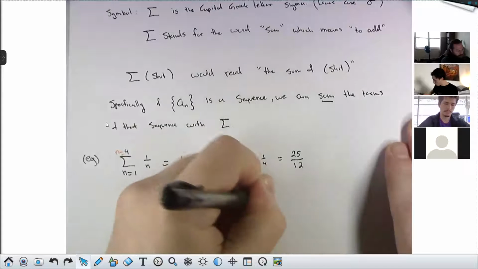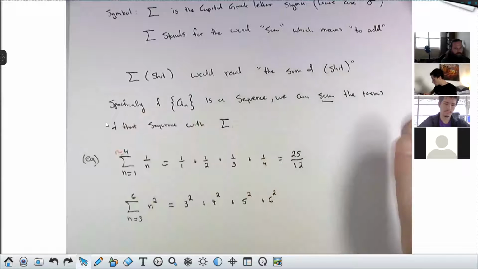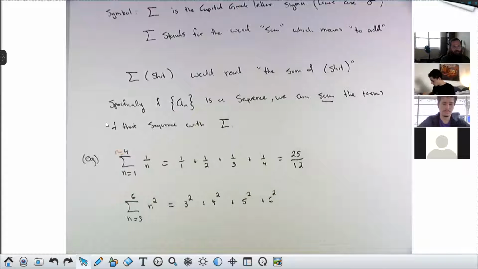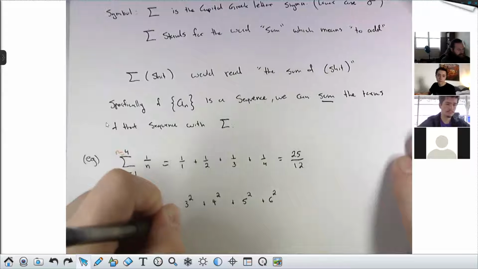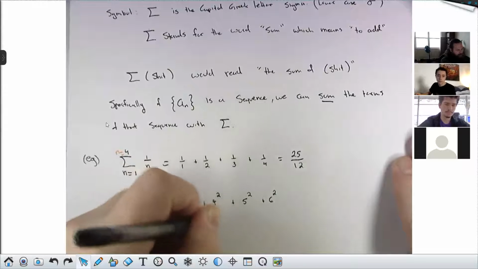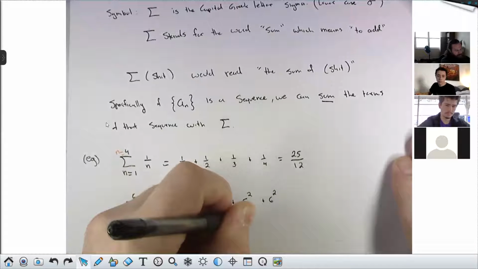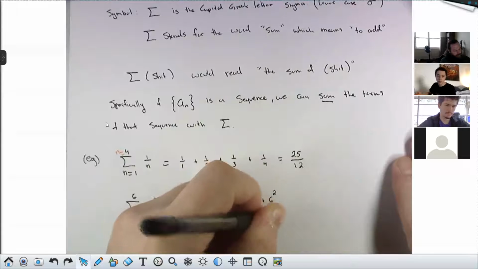Then the next term is 6 squared. So what is this? This is 9 plus 16 plus 25 plus 36.